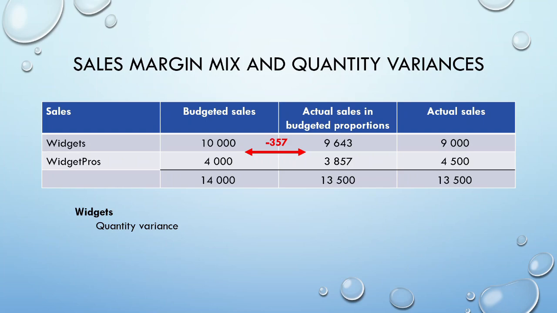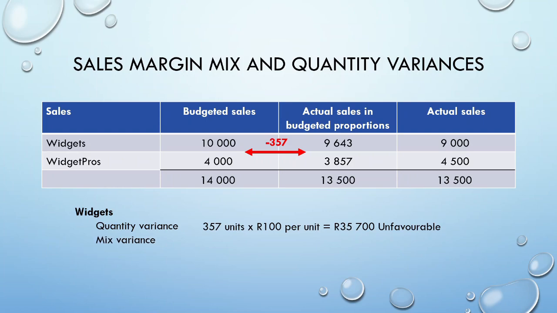Because this is part of the volume variance using a variable costing system, we multiply it by the standard contribution margin of 100 Rand from the cost card in the main example. This gives us an unfavorable variance of 35,700 Rand. It is unfavorable because we sold fewer units than we should have.